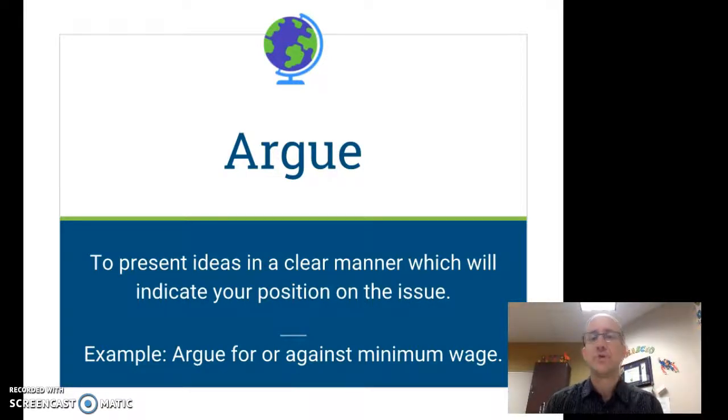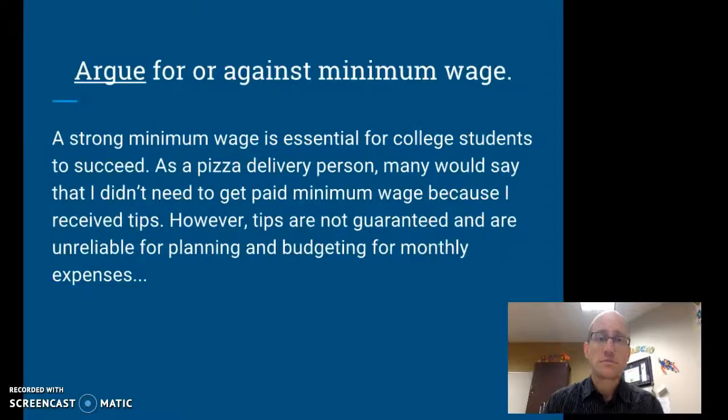So here's an example answer that you could give. So argue for or against minimum wage. A strong minimum wage is essential for college students to succeed. Now pause. Right off the bat, I'm telling you where I stand, on which side, for minimum wage or against minimum wage. And here, I'm saying that I'm for minimum wage.